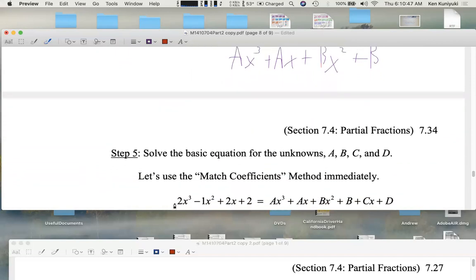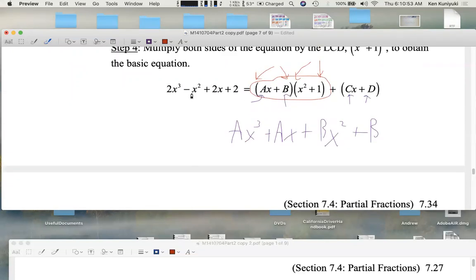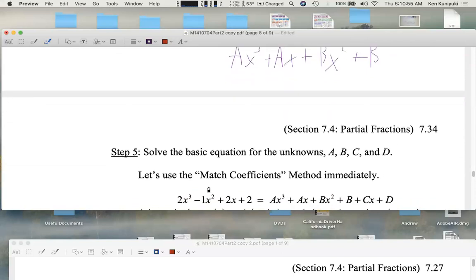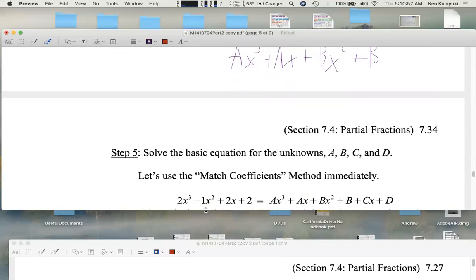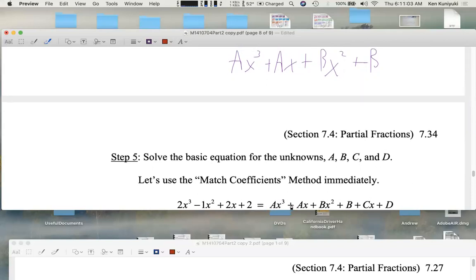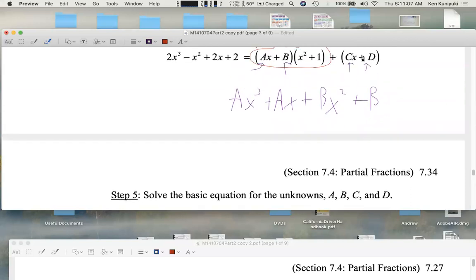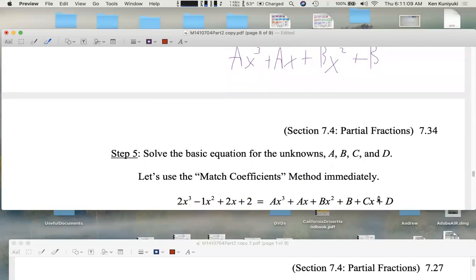So we have on the left that original numerator, 2x cubed minus, I went ahead and put in a 1 here, minus 1x squared plus 2x plus 2 equals, again, ax cubed plus ax plus bx squared plus b from the foiling, plus, don't forget, the cx and the d.